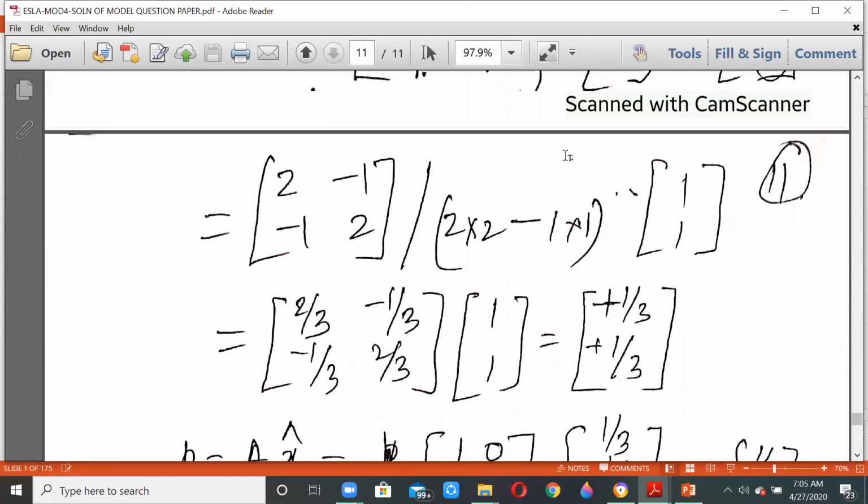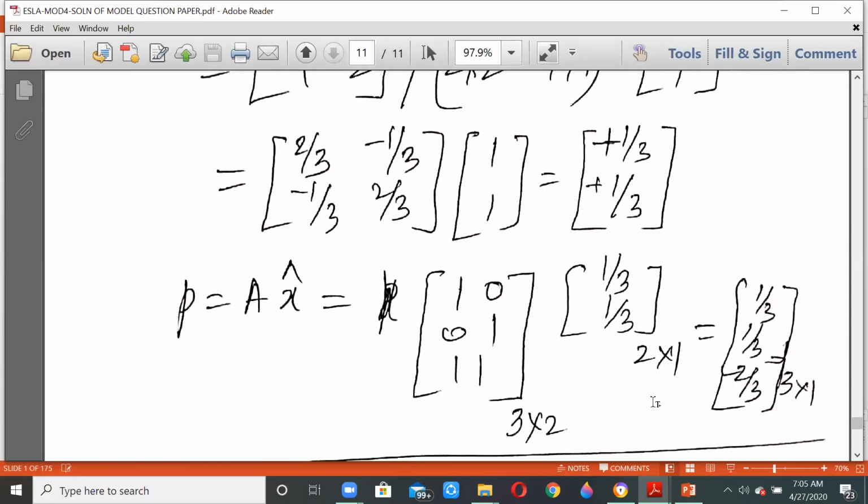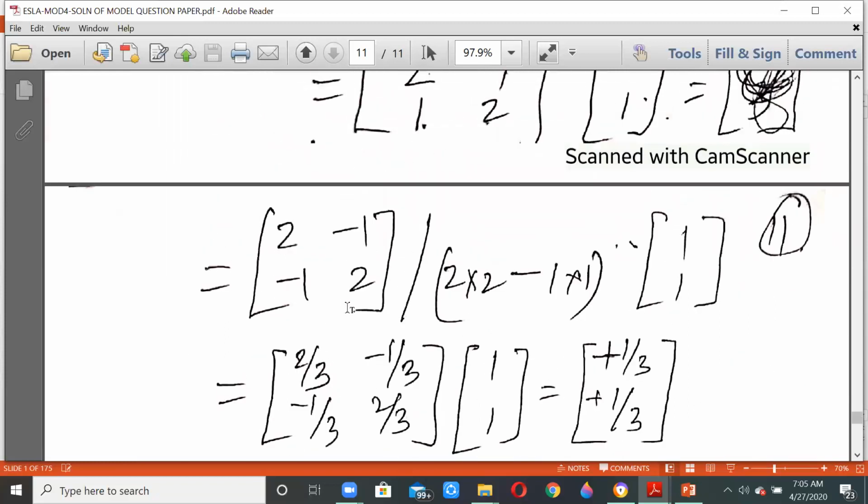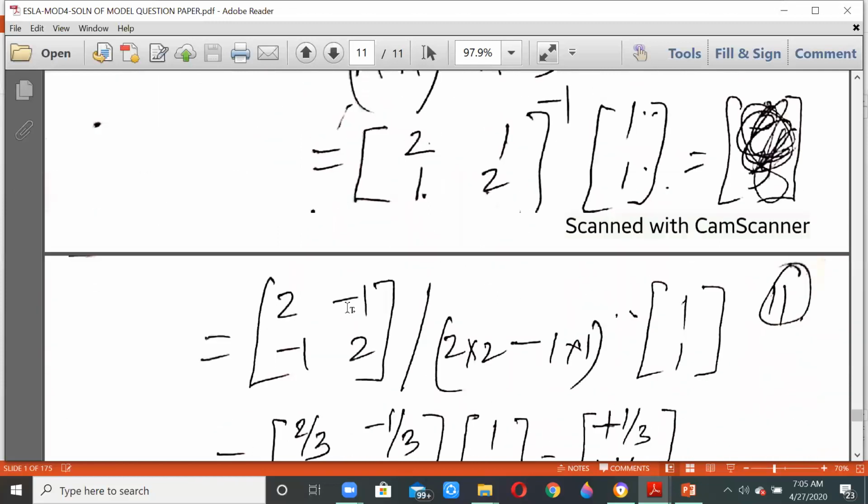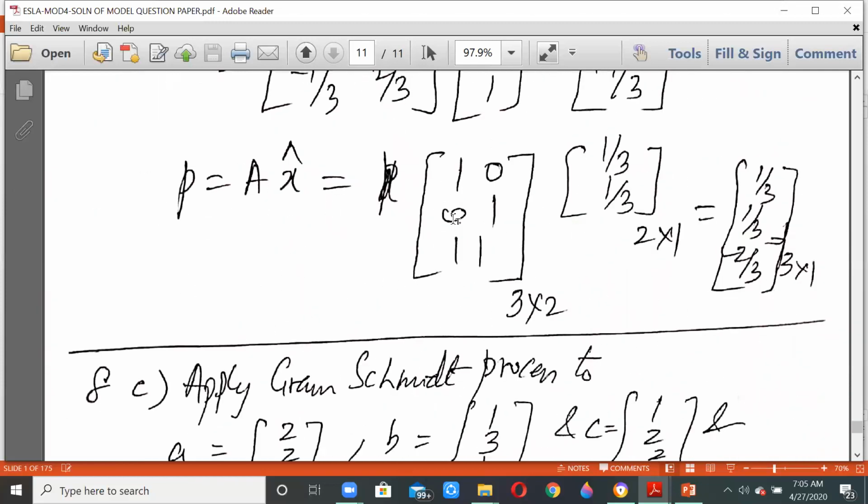So we'll get it like this, and this total thing will simplify like this. You can use a calculator also to find the inverse. Having got the value of x̂, you can find p equal to Ax̂. A is known, Ax̂ will be (1,0,0,1,1,1,1) multiplied by 1/3 and 1/3, and we'll get the value of the projection as this.